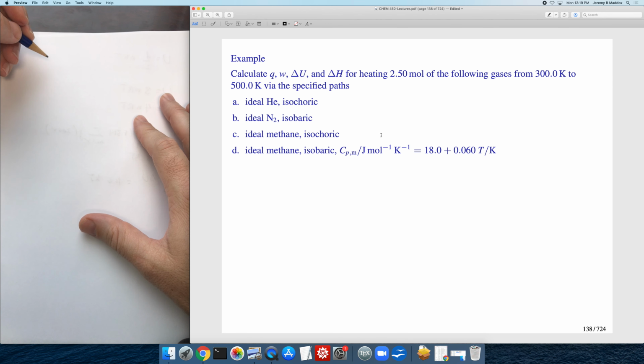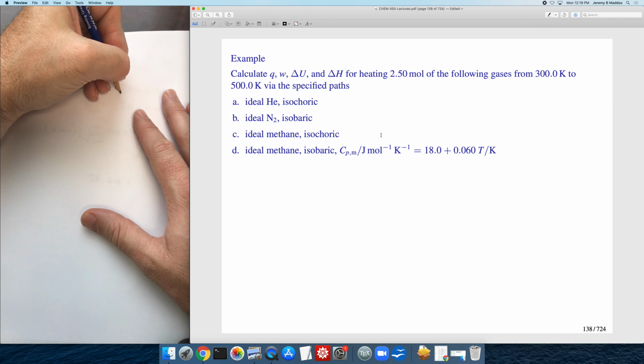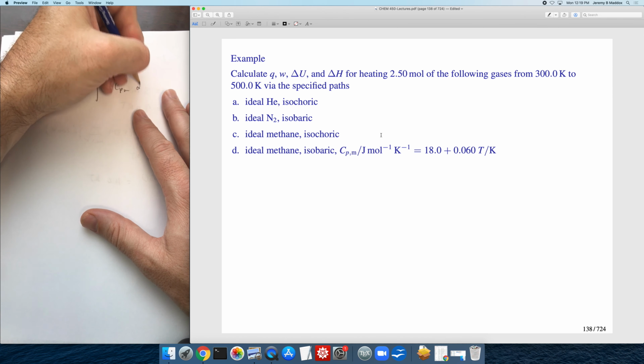So when you go to calculate delta H, for example, for this part, now you'll take the integral of n CPm dT. You have to evaluate that integral specifically, and so it'll be number of moles on the outside, and then you're integrating this function. I'm going to call this CPm.